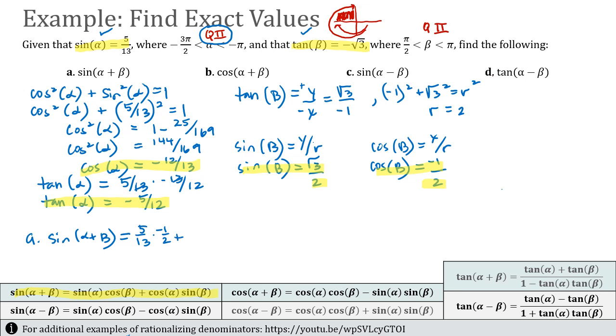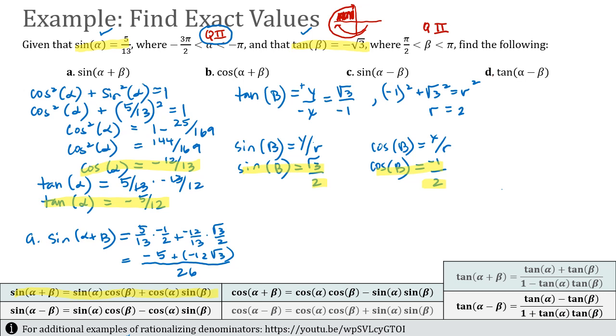I'm going to add that to the cosine of alpha, which is negative 12 over 13, and multiply that by the sine of beta, which is the square root of 3 over 2. Now notice both denominators are going to be 13 times 2, which is 26. So I'm going to have negative 5 plus negative 12 times the square root of 3, all over that 26. And that's a great answer.